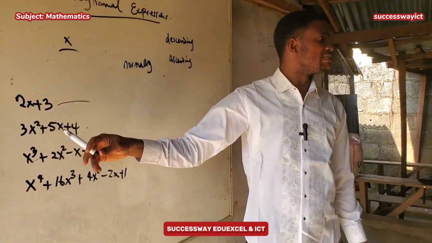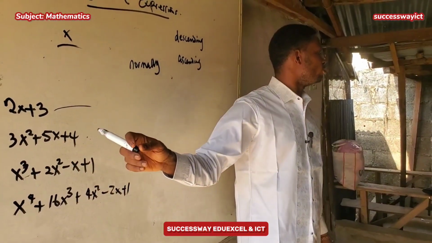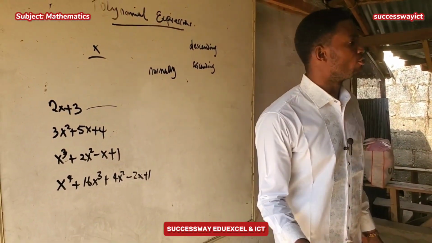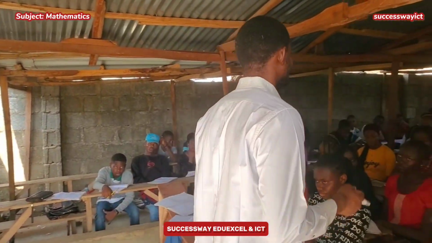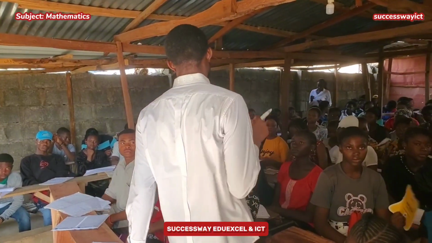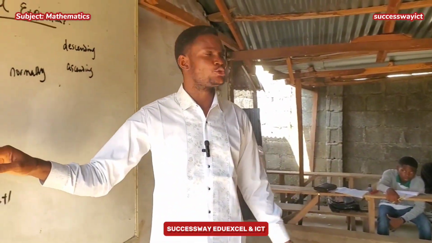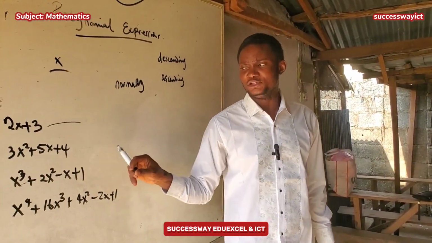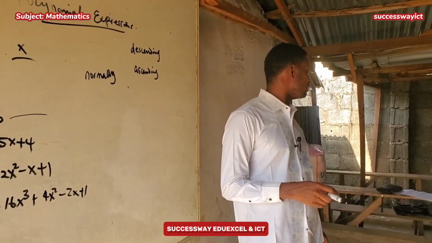This one is a quadratic expression because it's of degree 2. So when they say you should identify the degree of a polynomial, you check out the highest power. Are we together?